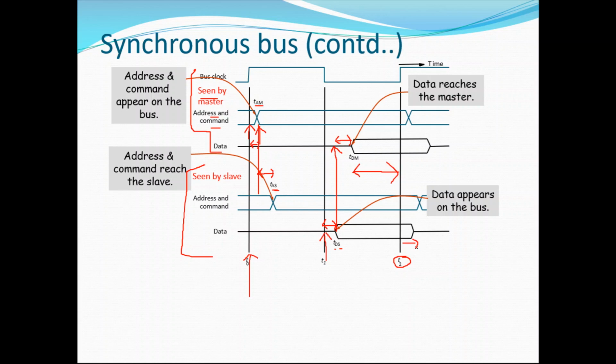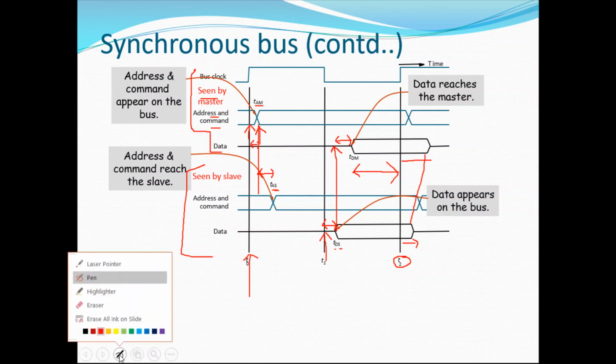After T2 also, sometimes data will be available. So this is again the propagation delay. It is a delay, right? Even after T2, only after some time will the slave remove the data from the data bus.